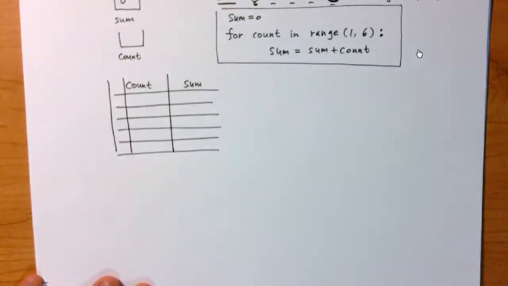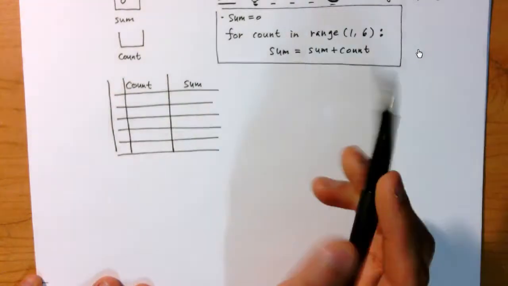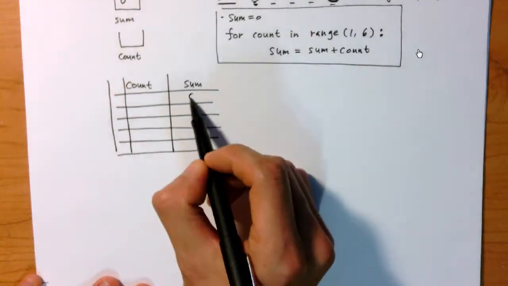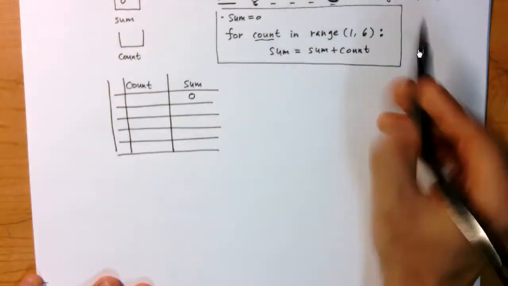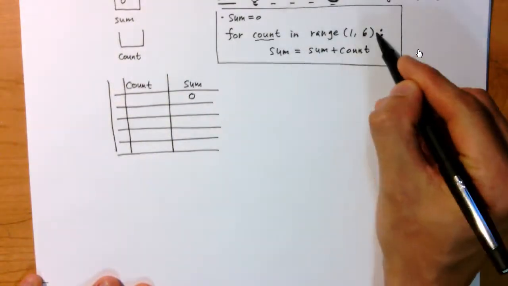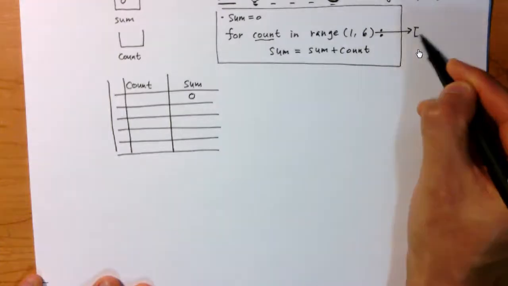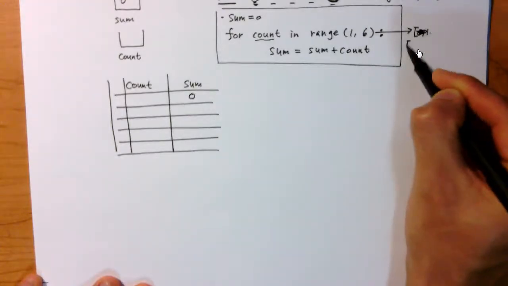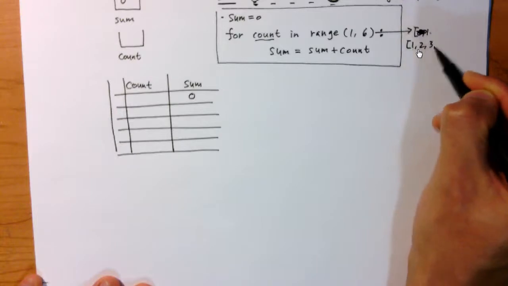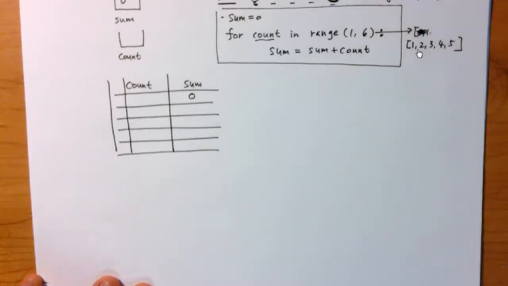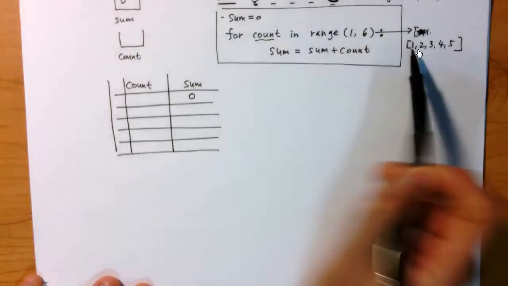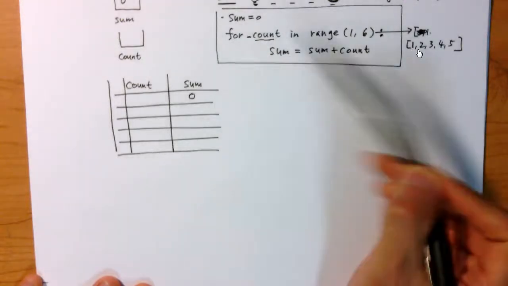Initially the sum is 0, and then the count is what? The range 1 through 6 means 1, 2, 3, 4 and 5, right? So initially, at this point, the count is 1, right?